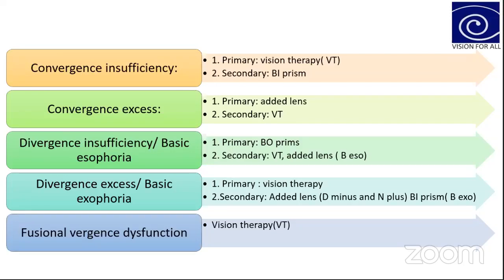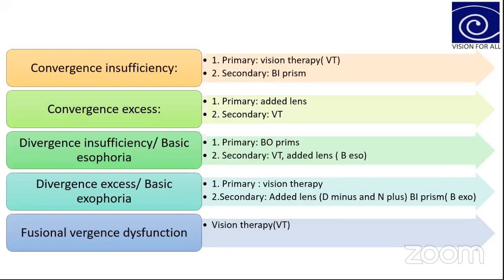If you see fusional vergence dysfunction, as I told you, if the patient is filled with base out and base in prism, the patient will have difficulty binocularly with plus and minus lens also. So added lenses or relieving prism will not help in this condition.